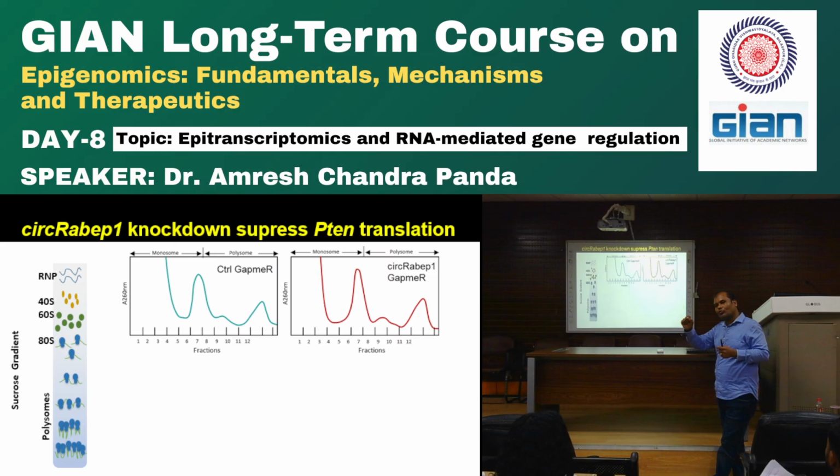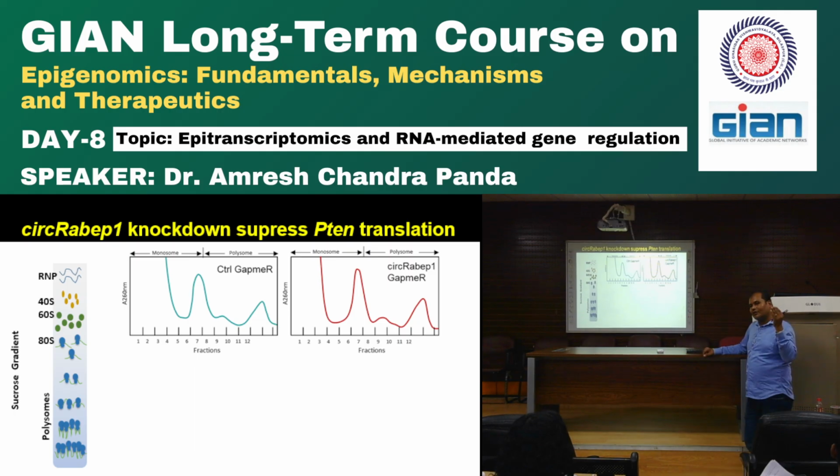So we wanted to see if that is the case: if you silence your circRNA, the microRNA activity should be more, that should inhibit the translation, right? What you see on the left side is when you put them on the sucrose gradient, your cell lysate, the more ribosome associated RNA you do the centrifugation, the heavier the ribosome and the mRNA fractions are, they will go down and settle, and whatever is free will remain at the top, arranged based on heaviness.